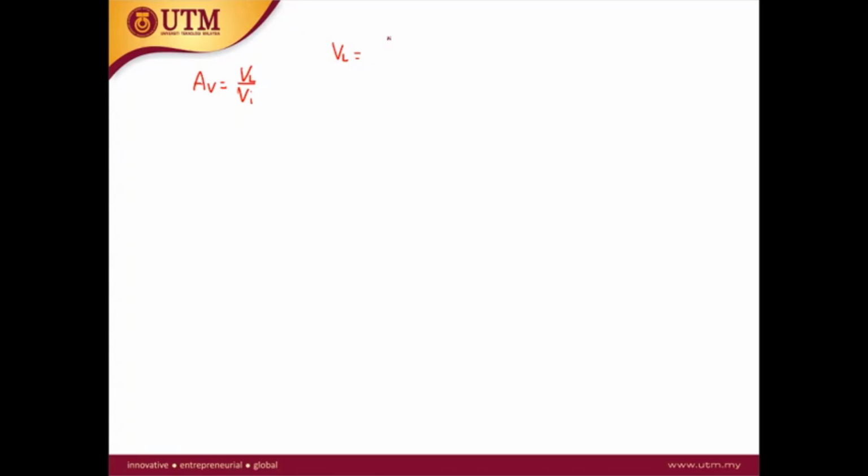VL is RL over RL plus Zout, times AVOC, times Vin.